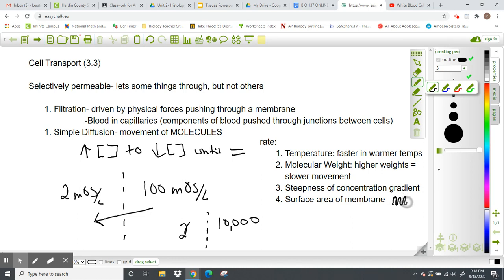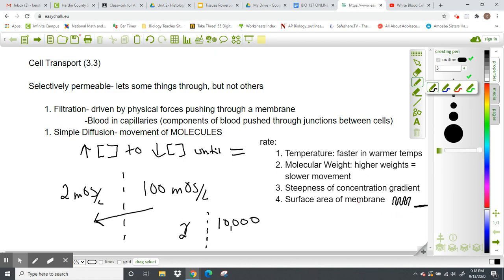It's going to have little finger-like projections, as opposed to another cell that might just be straight across. The surface area in this cell is much higher, so this cell is going to move molecules at a much more efficient rate than, say, this flat cell here.